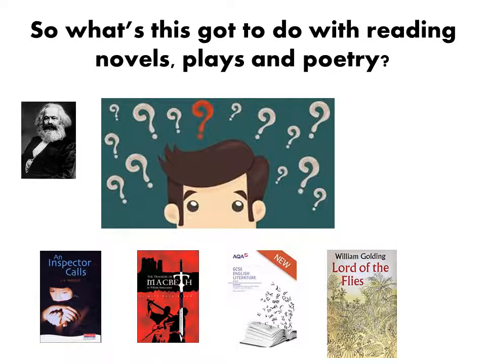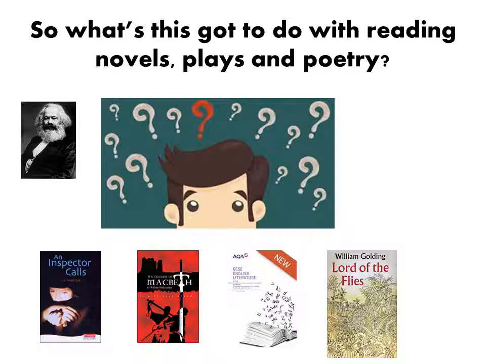So, what's this got to do with reading novels, plays and poetry? It's a good question to ask. Why on earth do we need to consider Marx and his strange political ideas about how society might and should progress and develop? He believed in a socialist communist utopia, and that would be better for society than capitalism.